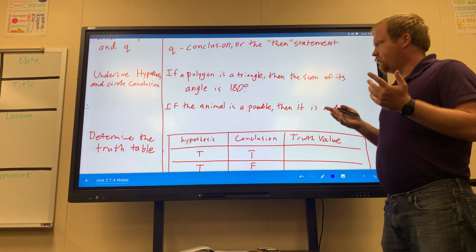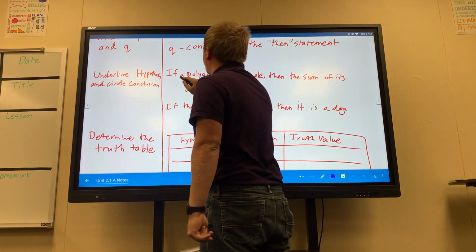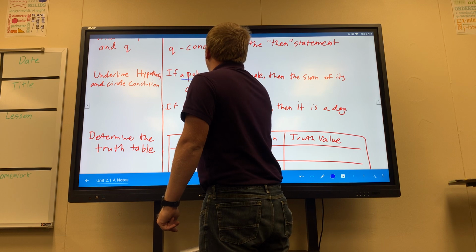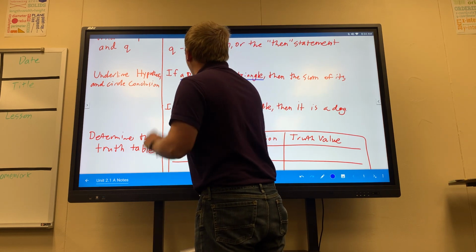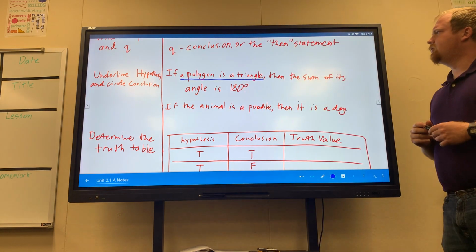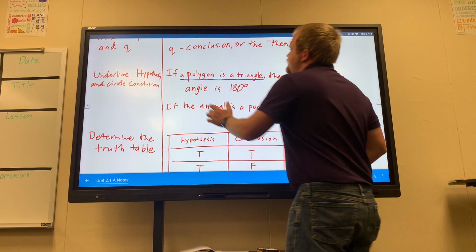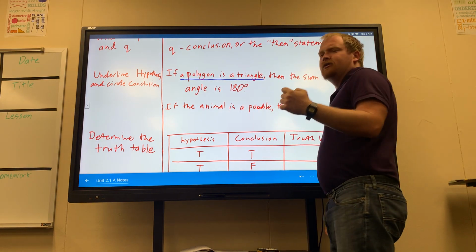As soon as I see if, I'm going to underline the first thing that comes after it. So the hypothesis is a polygon is a triangle.